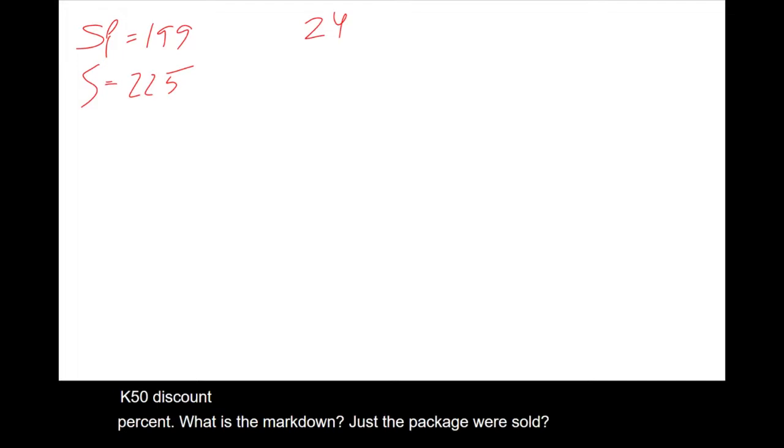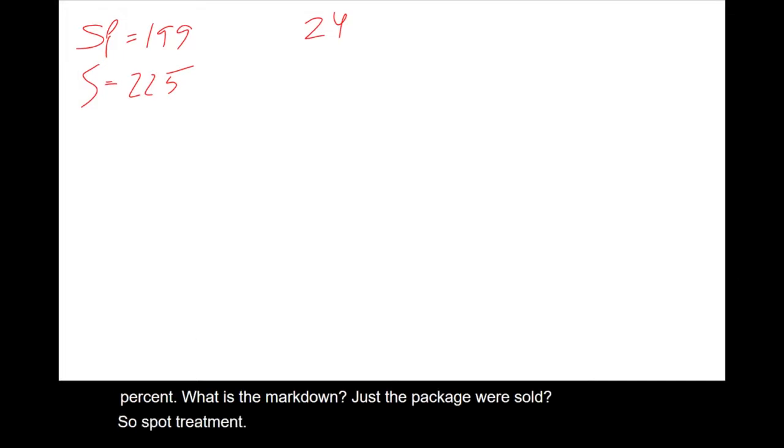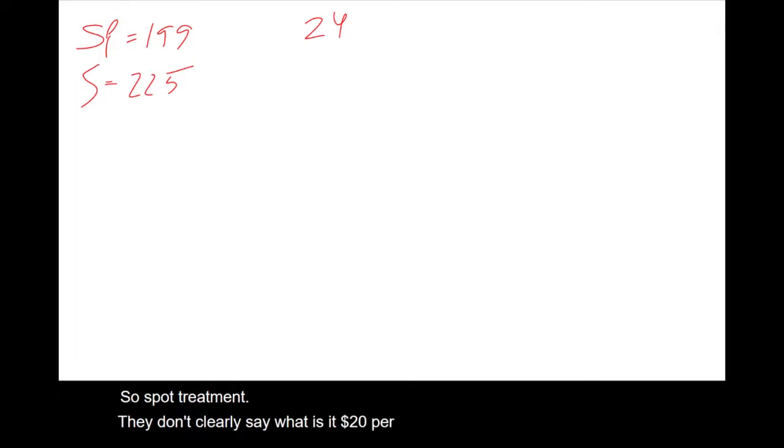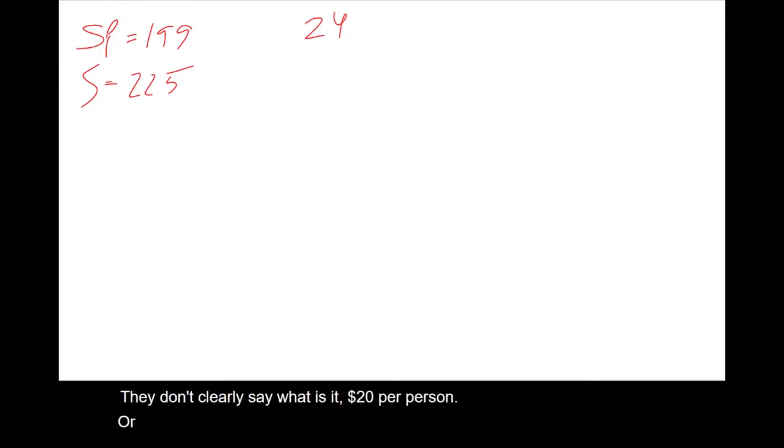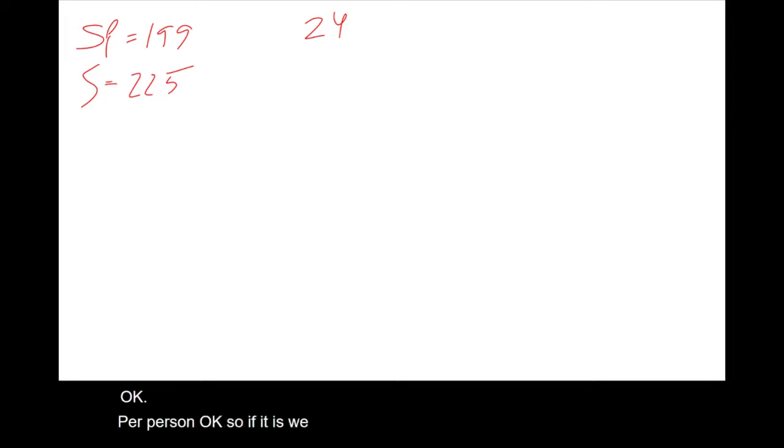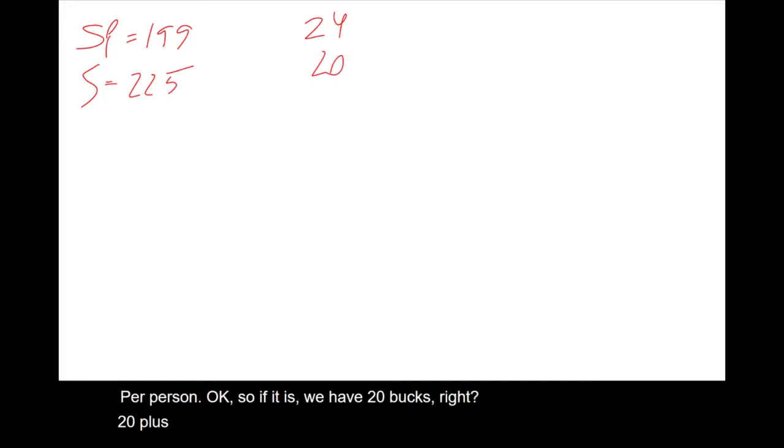So spa treatment, they don't clearly say what it is, $20 per person or for two. Okay, per person. So if it is, we have 20 bucks, right? So 20 plus 20, 50%, that's 20.